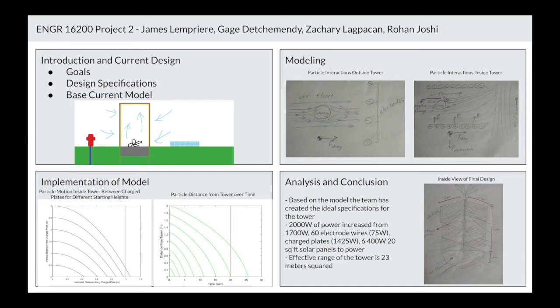Overall, the conclusion that the team reached was that if we stray a bit from the original design and try to maximize the efficiency of the tower, given the numbers that we provided, it can lead to a higher effective range, and this will lead to a greater proportion of particles captured by the system and fewer overall towers needed.